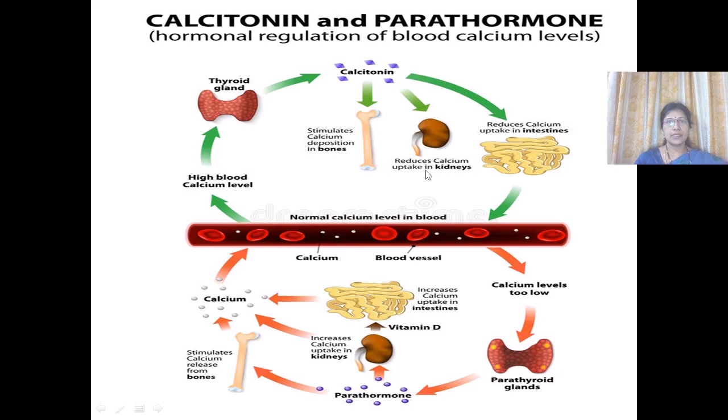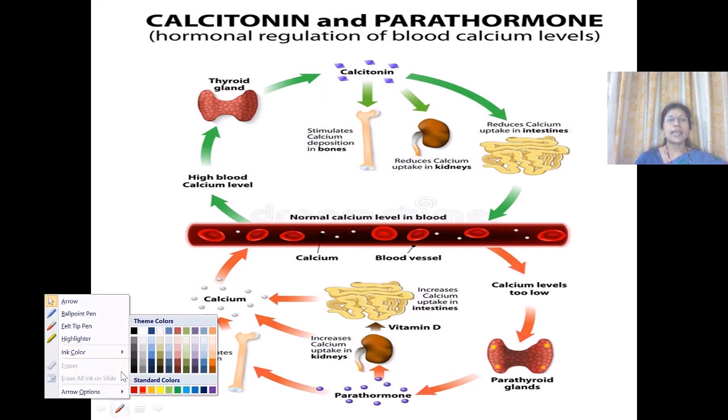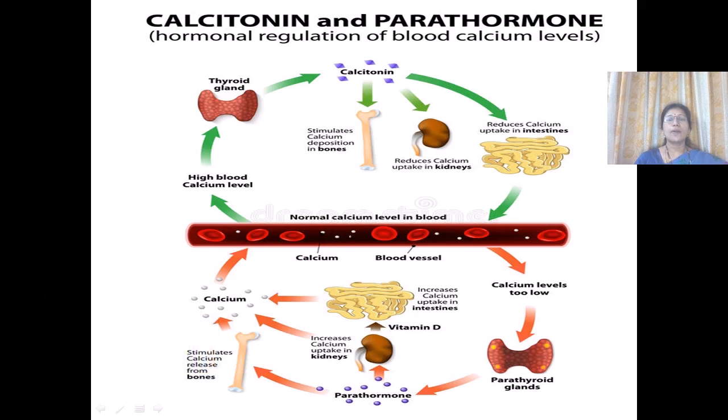Parathormone secretion is also regulated by blood calcium levels. Whenever the calcium ion levels are low in blood, parathormone stimulates the reabsorption of calcium ions, in order to prevent calcium ion loss through urine.